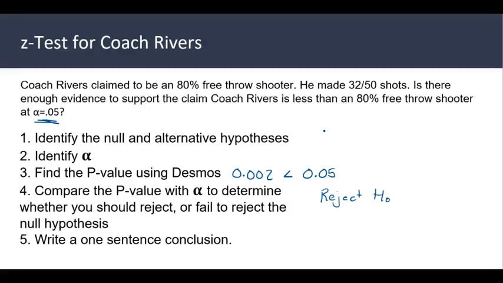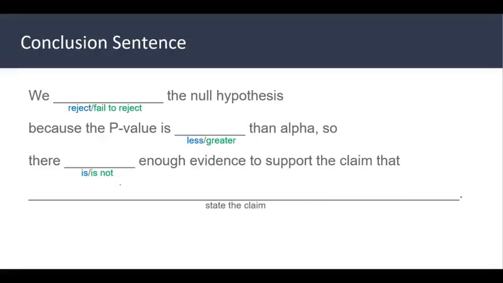And then the last thing is write a one-sentence conclusion. And just like the confidence intervals, we have a sentence that we can use. Now, it's we reject or fail to reject because the p-value is less or greater, so there is or is not enough evidence to support the claim that. Notice that these are different colors. Reject, less, and is are all blue, and the other ones are all green.